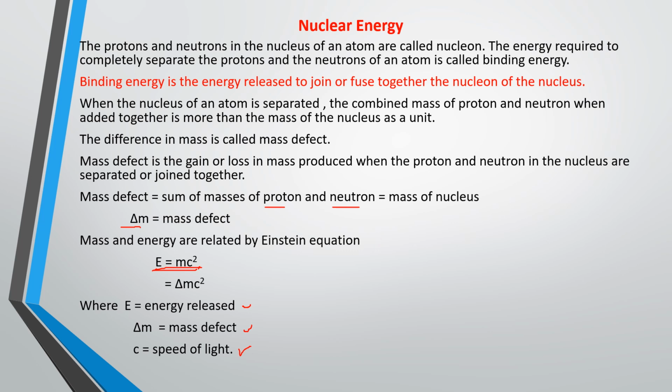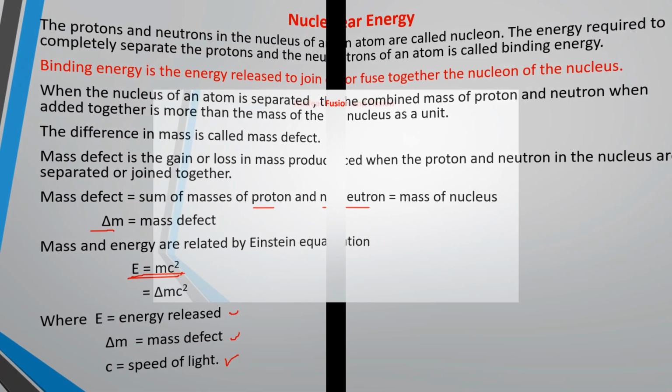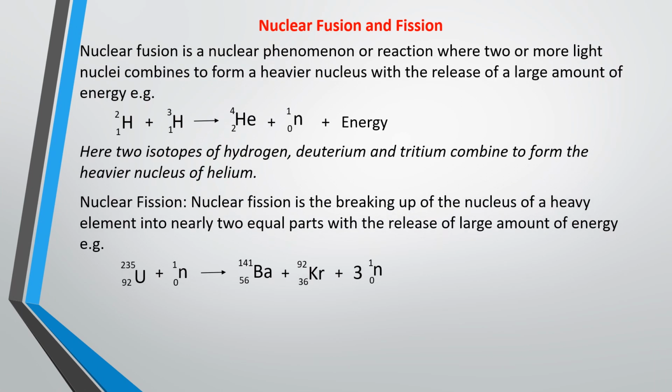We're looking at nuclear fission and nuclear fusion. Nuclear fusion is a phenomenon or reaction where two or more light nuclei combine together to give you a heavier nucleus with a large amount of energy.